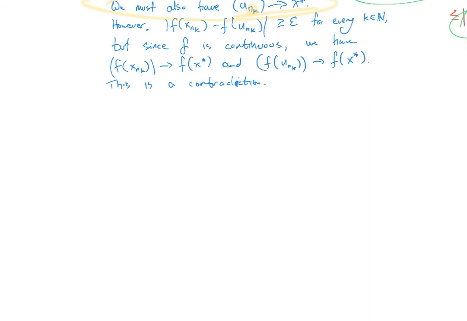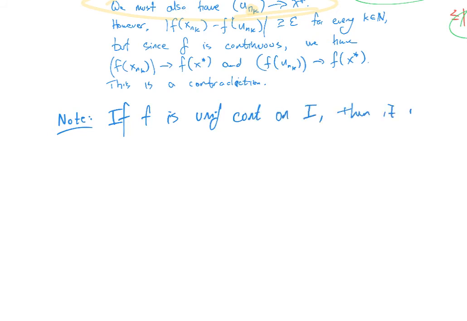Note this. If f is uniformly continuous on I, then it is also uniformly continuous on all subsets.